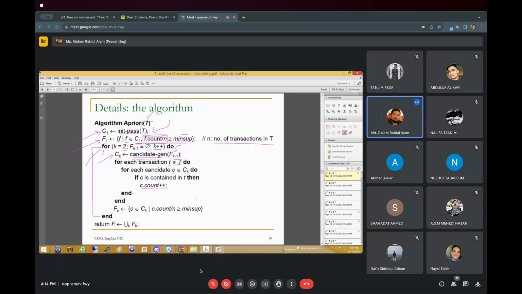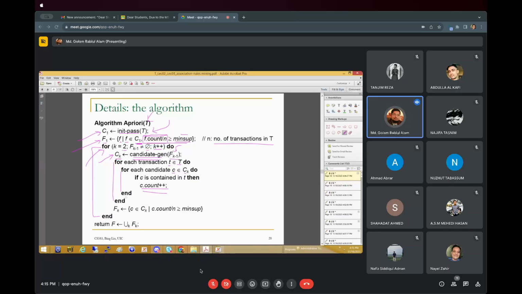That means we have to go back to the data set again and again, scan it, and find whether C is in the data set or not. If C is there, then we increase the count. These two nested for loops are for finding the frequency of C in our data set. So that is C count.